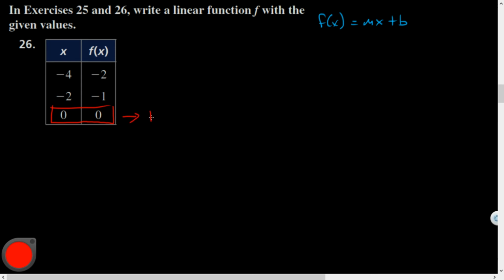So that means b equals 0. All right. So that's nice. I'm not going to have to do any algebra for this problem, but I will have to do slope formula. And I can pick any 2 points. I could find the slope between these 2 points, or these 2 points, or these 2 points. That's just like a combination. I'm going to pick these 2 points for my slope.